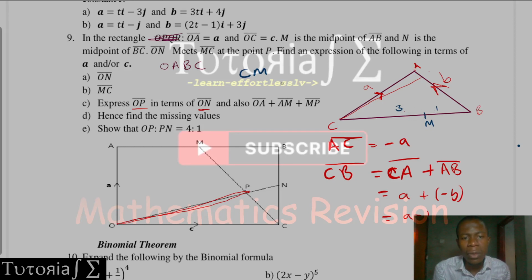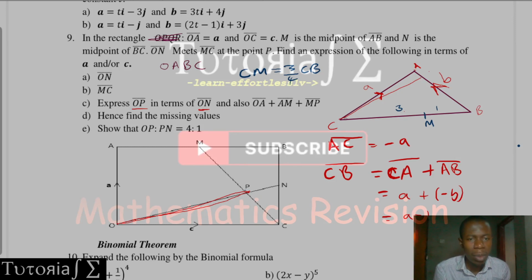Meaning that for you to find CM, you need to consider the ratio of CM, which is 3, and the total length. So this is from here to here, that is 3/4. You add 3 plus 1, which is over 4 of CB. Okay, so that is how you consider ratios.